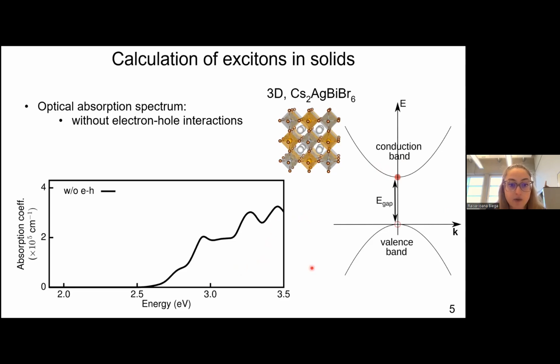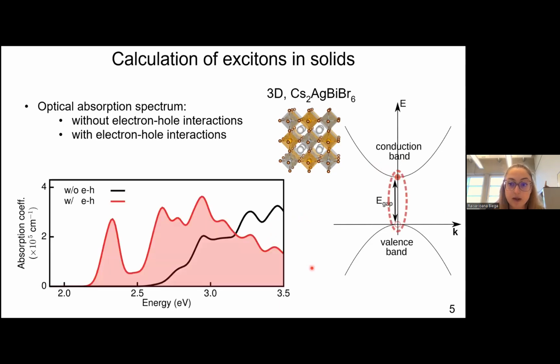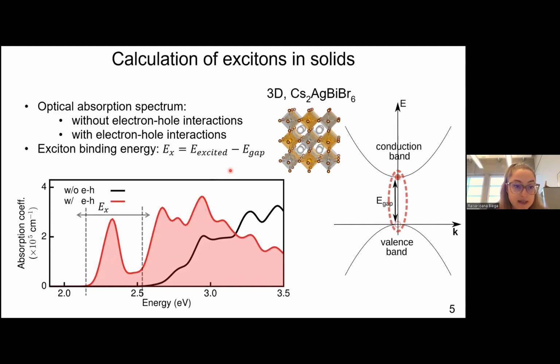So now we don't take into account any electron-hole interactions, but we can also do that. We can switch on those interactions, and then we get the red absorption spectrum. From this, we can compute the exciton binding energy, that is basically the difference between the energy of the first excited state and the energy of the direct gap, the band gap of the material.